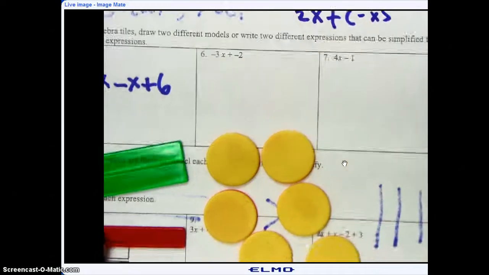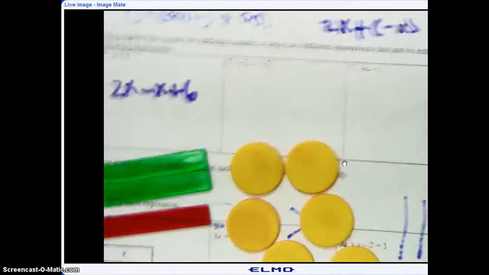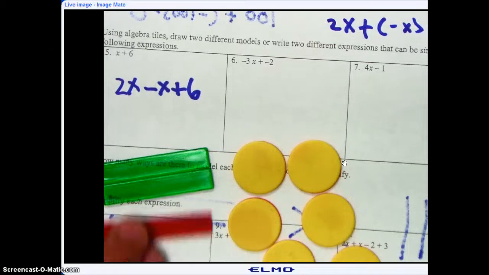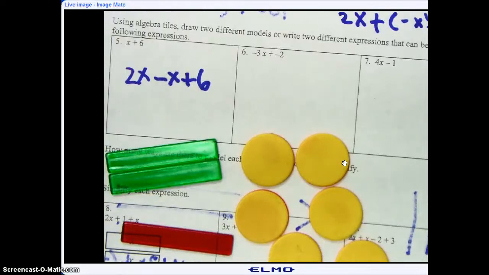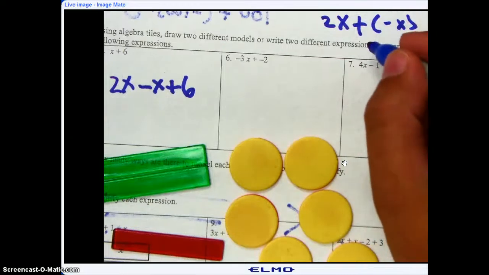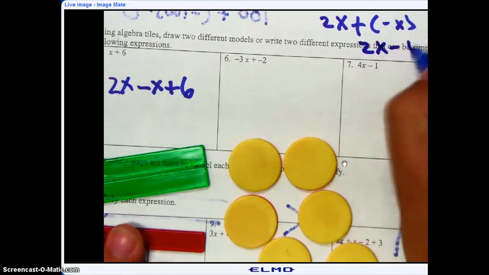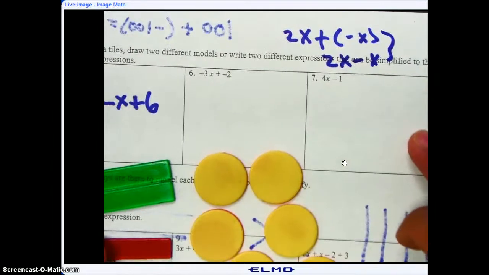We just put 1 negative x into the problem. We're taking it and adding it into our problem. Another way to think of that is instead of adding a negative x, what adding a negative really does is it actually just subtracts. So this is 2 ways to write the same thing.